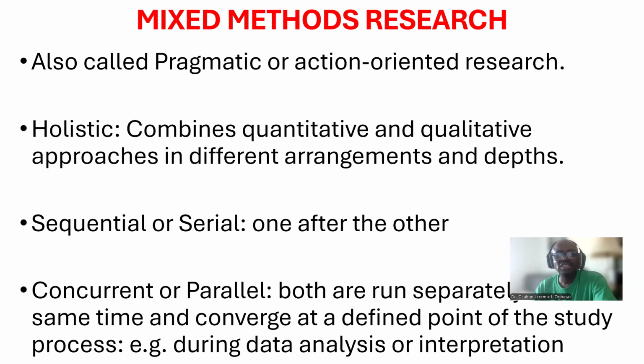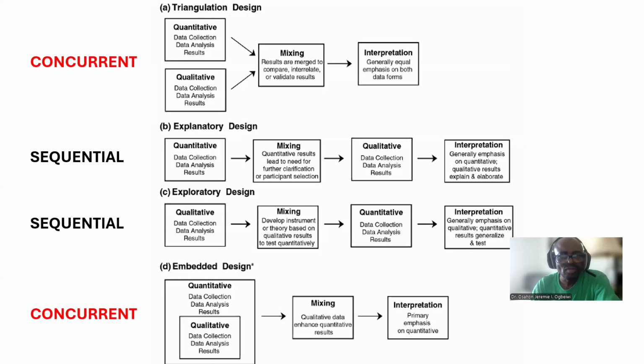study. And therefore, sequential mixed method design and concurrent. So this actually illustrates how quantitative and qualitative designs are mixed in studies that are concurrent, and the two designs that are sequential.